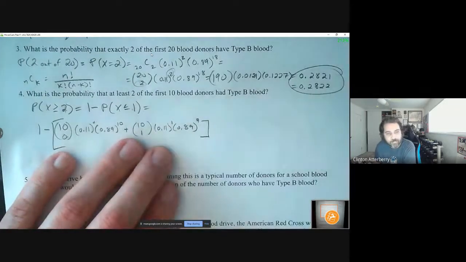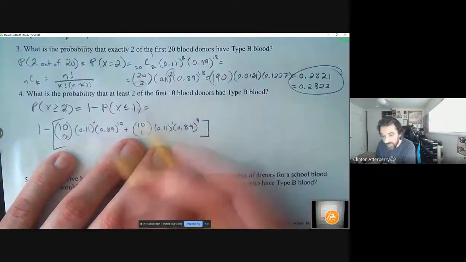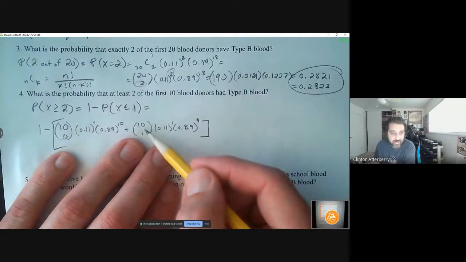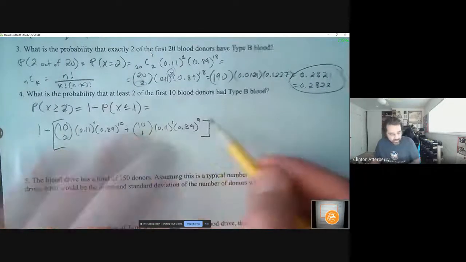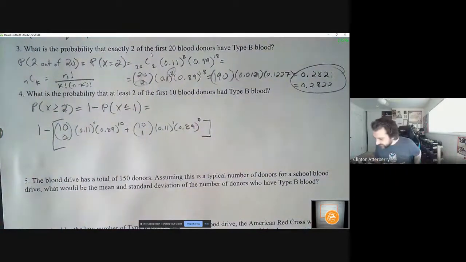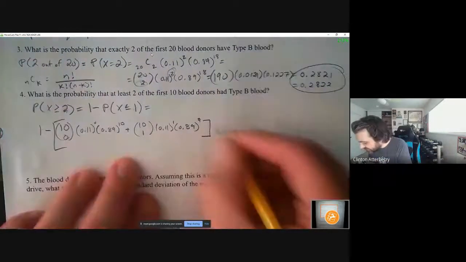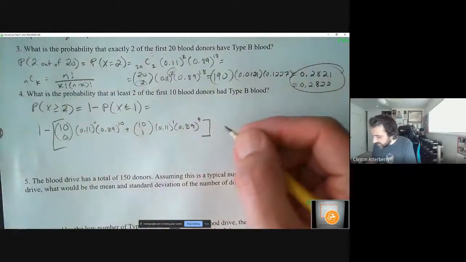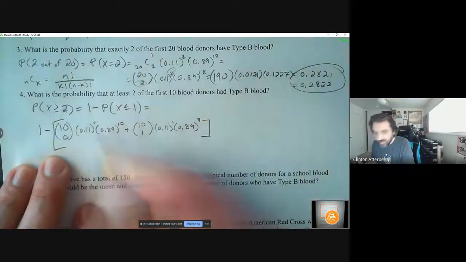If that said 2, I would do another one. And if it was still 10 choose 2, it would be 2 and 8 or something like that. So that should be everything you need to know for now. All right, so what I'm going to do is plug this stuff into a calculator.